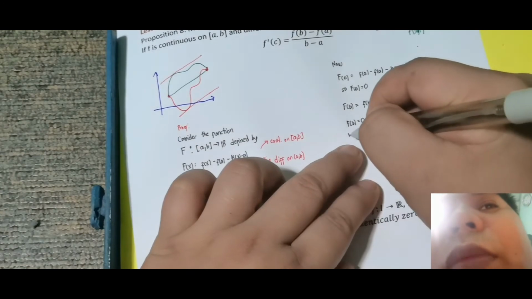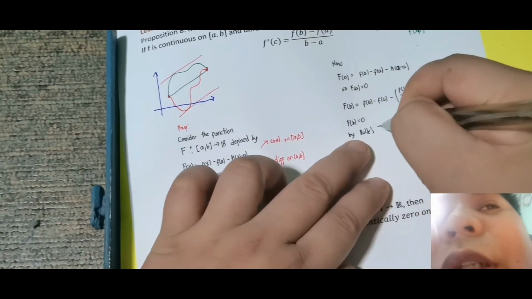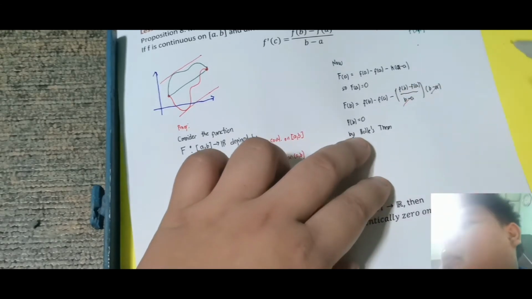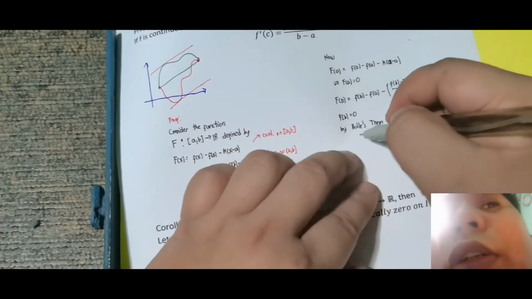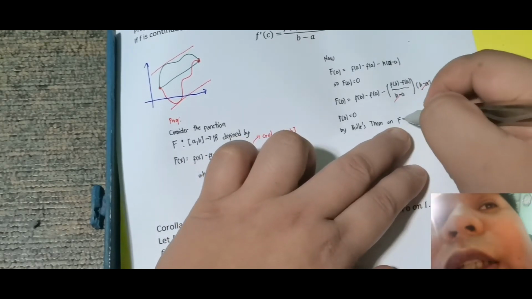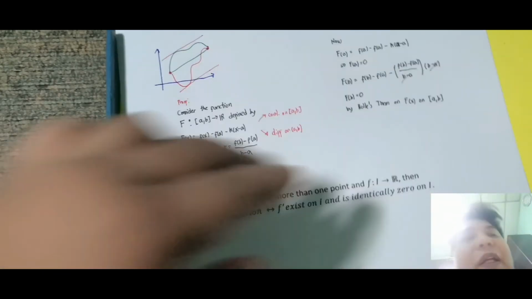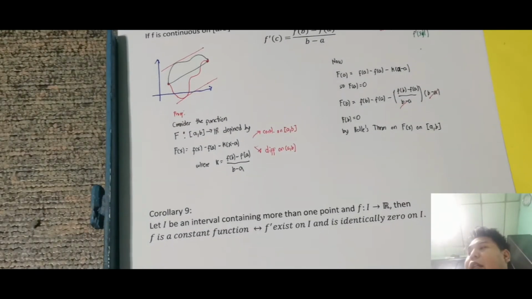Okay, so by Rolle's theorem, let's put f of x on the closed interval AB. So earlier, we defined the capital F on AB.